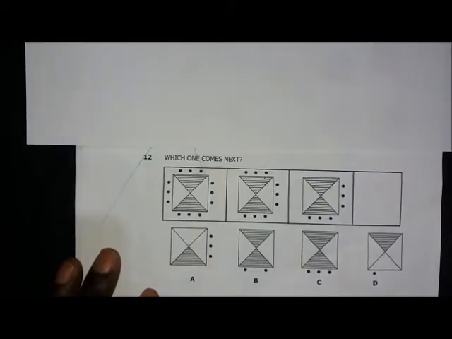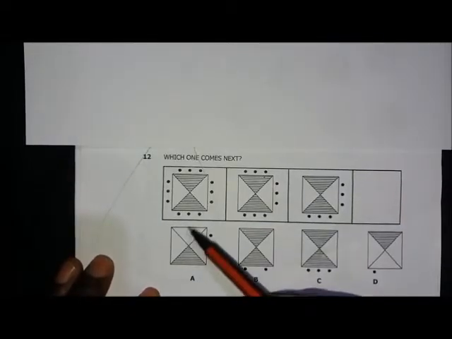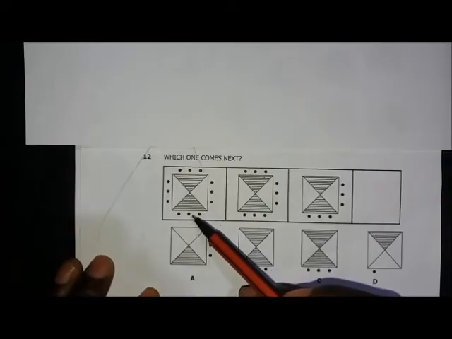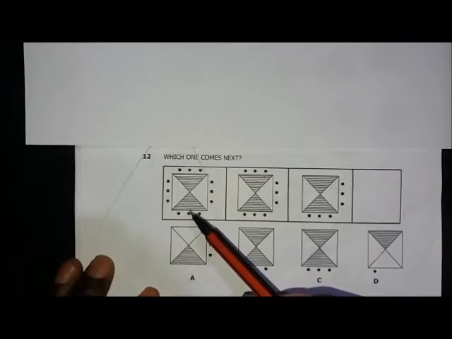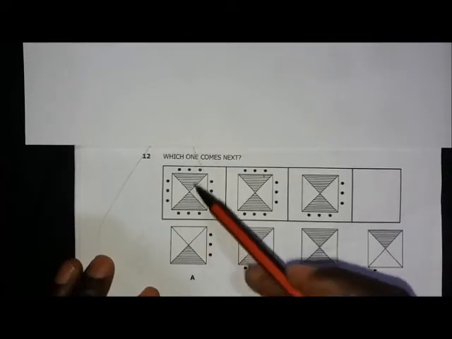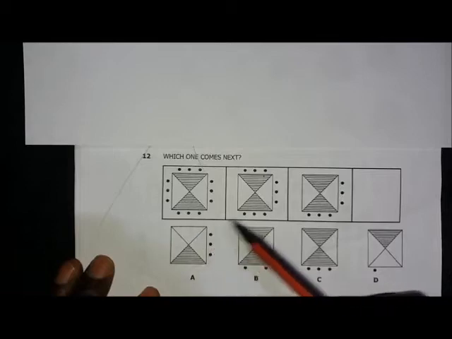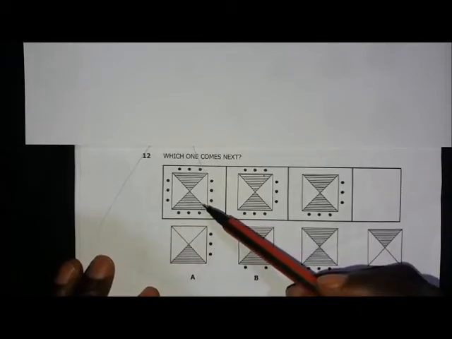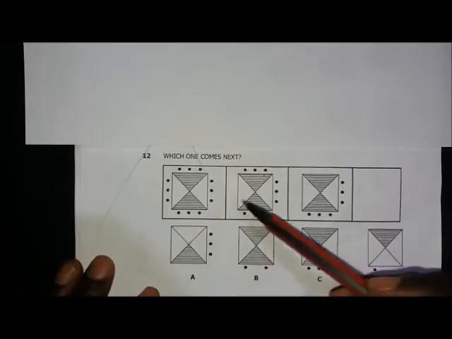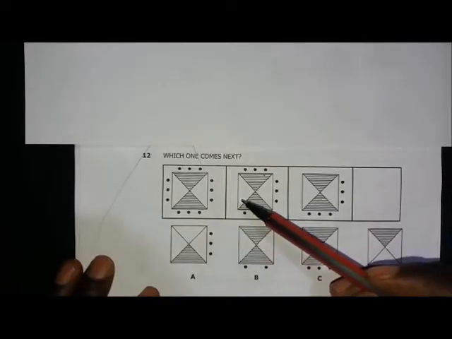Which one comes next? All right, so let us observe, let us study this beautiful shape here. We can see those dots and all that. But in the next box, you notice that on one of the sides, the dots are missing.